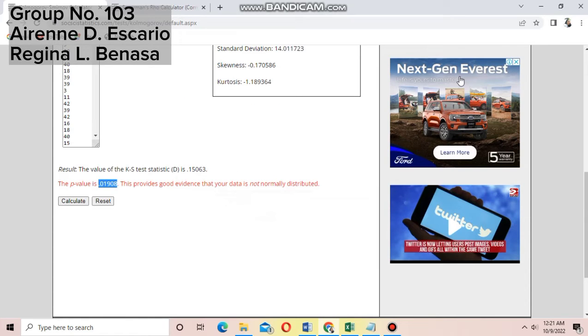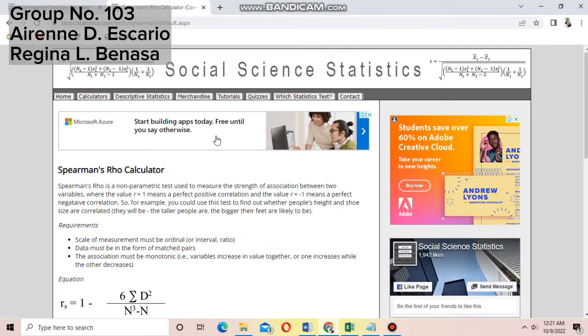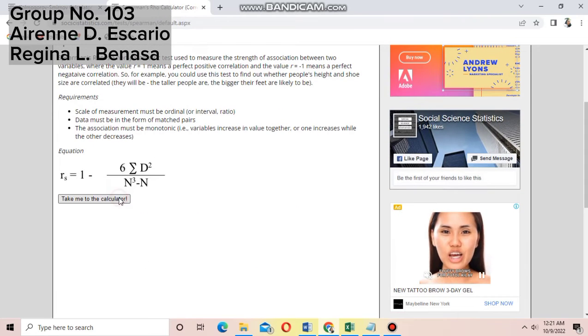Since one of our dataset is not normally distributed, then we cannot utilize the Pearson R. In this case, we will use the Spearman rank correlation.